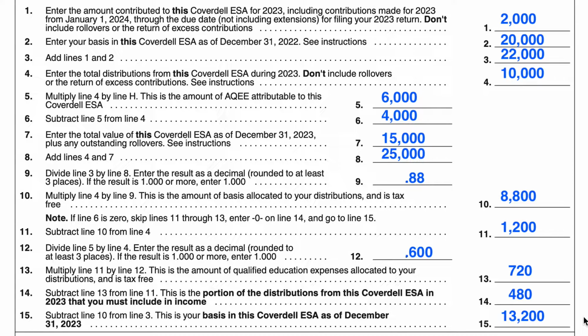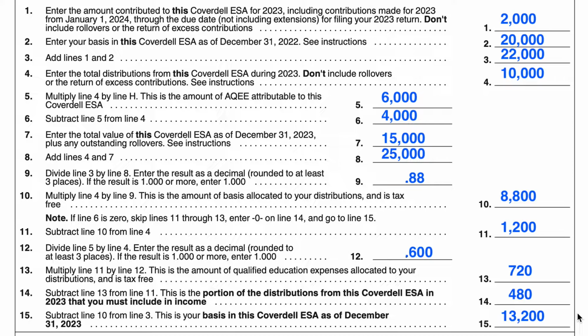If you contributed in 2021 and 2022, let's imagine $2,000 each year, then you would simply add the total amount of your Coverdell ESA contributions. That would be $4,000. You would add that to the $13,200, and your new basis would be $17,200.